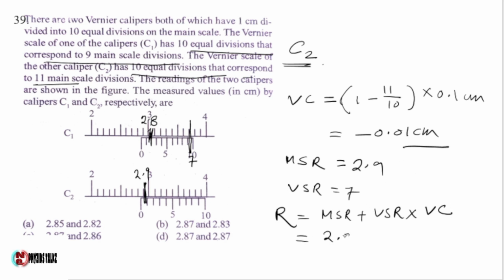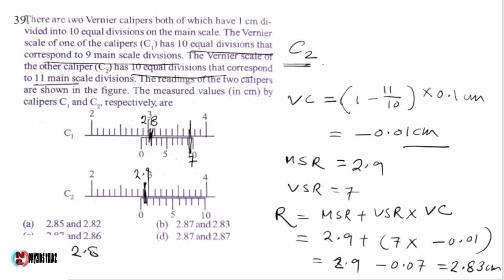Here MSR is 2.9, VSR is 7 into minus 0.01, which gives 2.9 minus 0.07, which gives 2.83 centimeter. So in C2 the result is 2.83 and in C1 the result is 2.87 centimeter. So the correct option is option B.